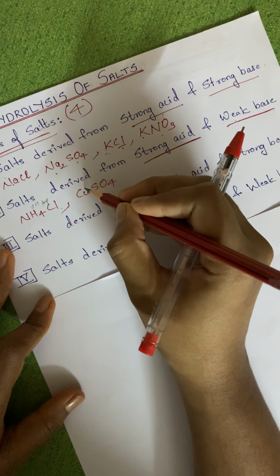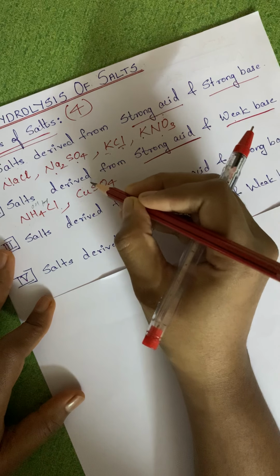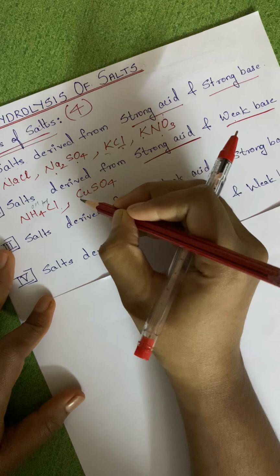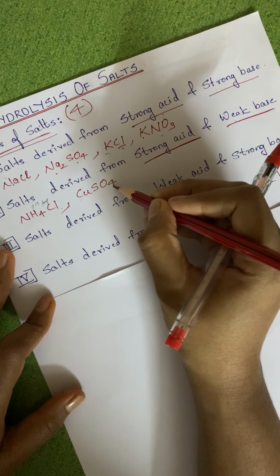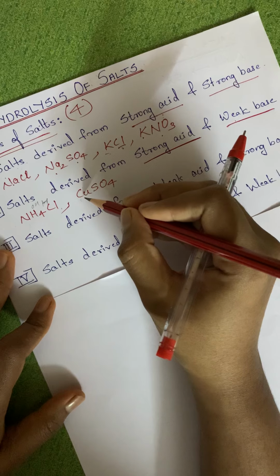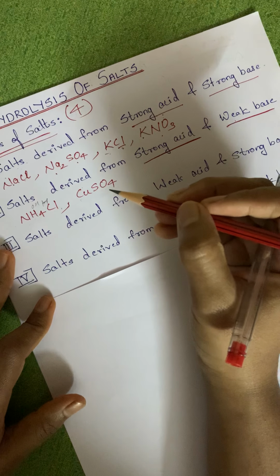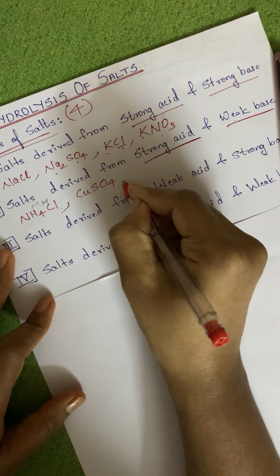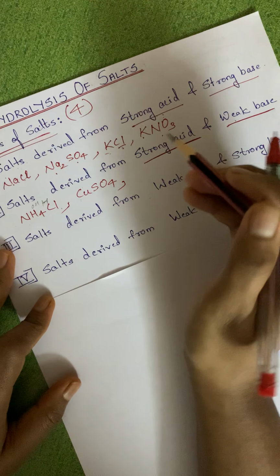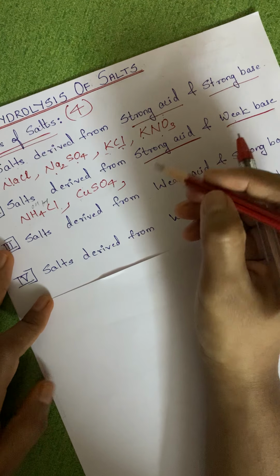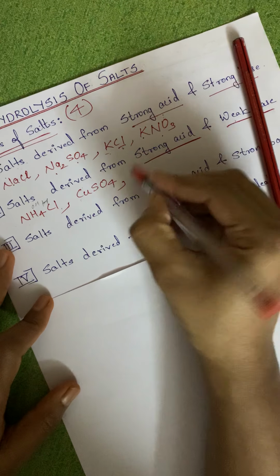Because the charge over here is 2 plus and 2 minus, therefore it will be H2SO4, and here if OH is getting attached, it will be Cu(OH)2, copper hydroxide. Simple. Everywhere you have to just attach H and OH. That's a simple case.